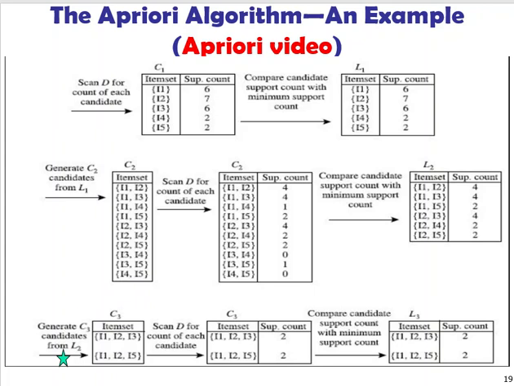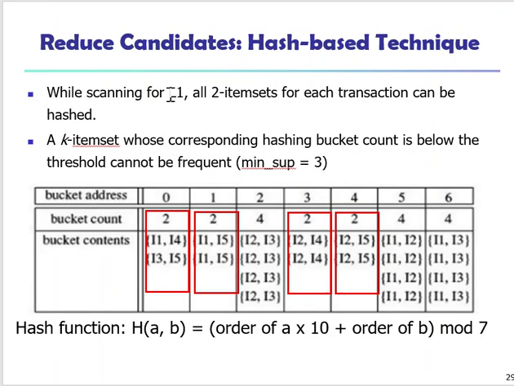So what methods can we actually use to address this issue? When we're scanning the database to get the count for L1, we can already hash those transactions for all 2-itemsets. For a student who's new to hash, let me explain what hash does. Hash is both a data structure and also a method.